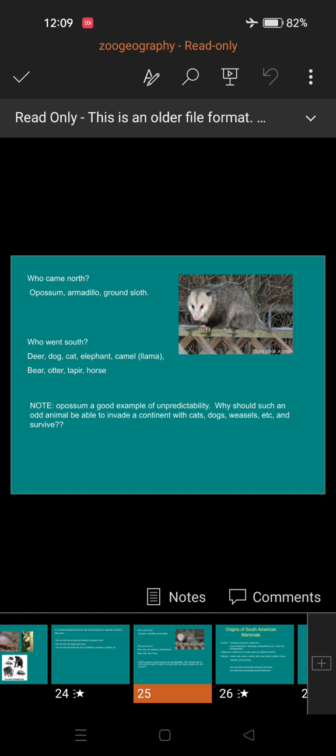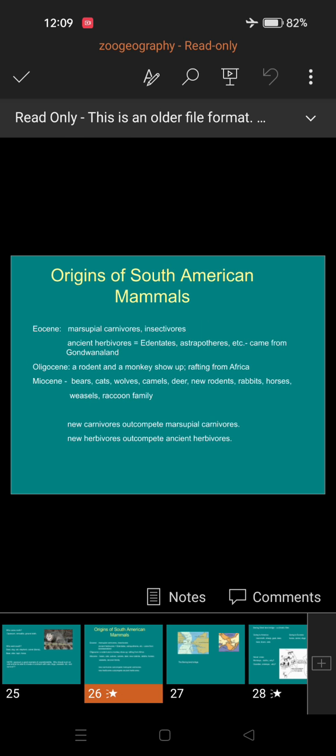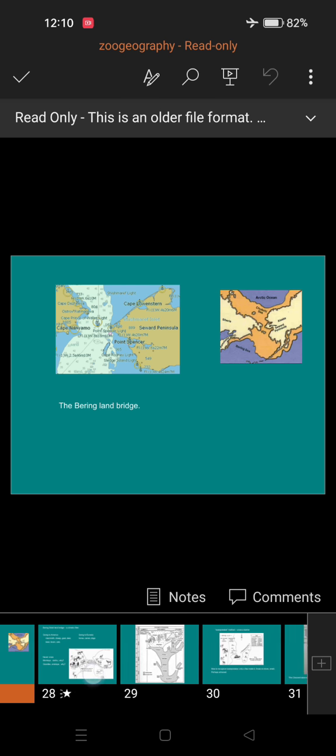Opossum, armadillo, ground sloth, deer, dog, cat, elephant, camel, llama, otter, tapir, horse. The origin of the South American mammals: Eocene marsupial carnivores, insectivores, ancient herbivores, edentates, Astrapotheres came from Gondwana.